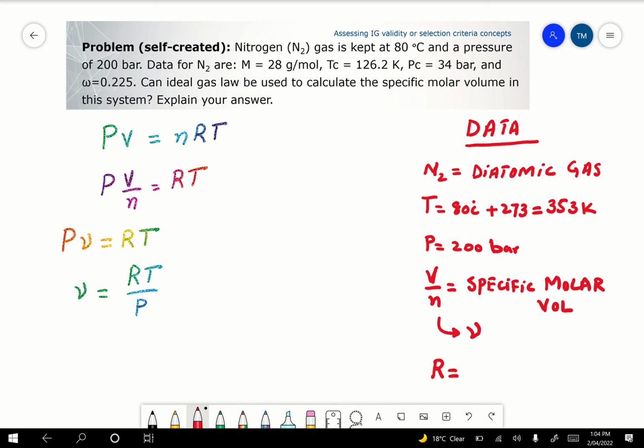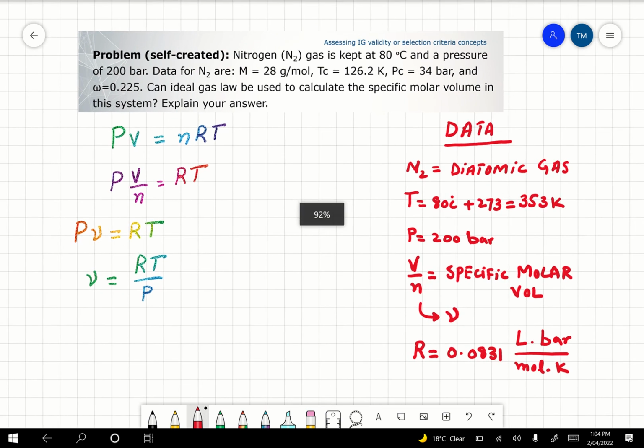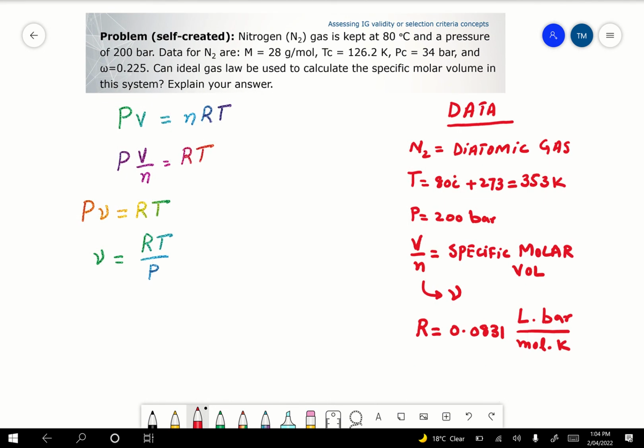For that, the universal gas constant value which is suitable is 0.0831 liter bar over mole Kelvin. So this is the suitable R value which we can use. Now, using this data, we can use the equation for specific molar volume.